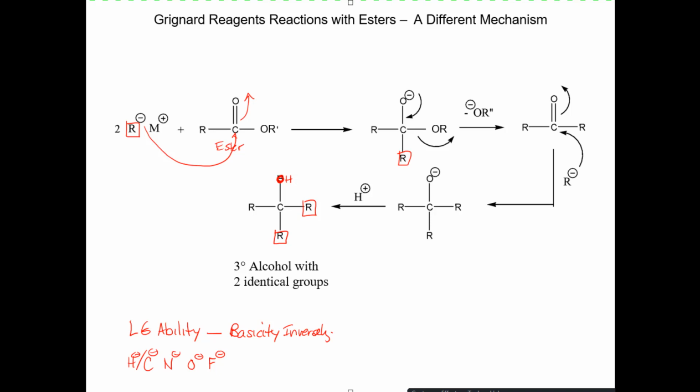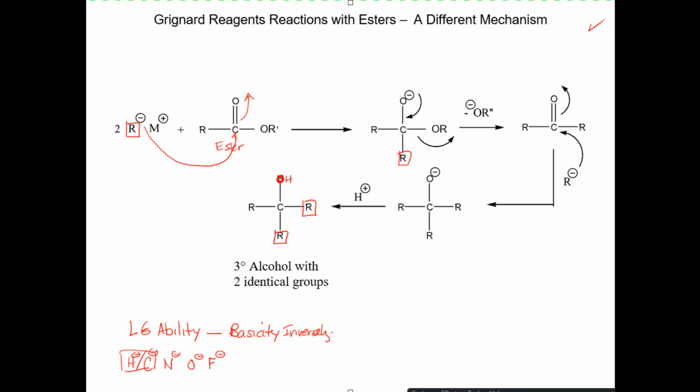Of that series, which one is the strongest base? It's the C minus, H minus, right? So which one of these groups is going to be the worst leaving group? C minus and H minus.